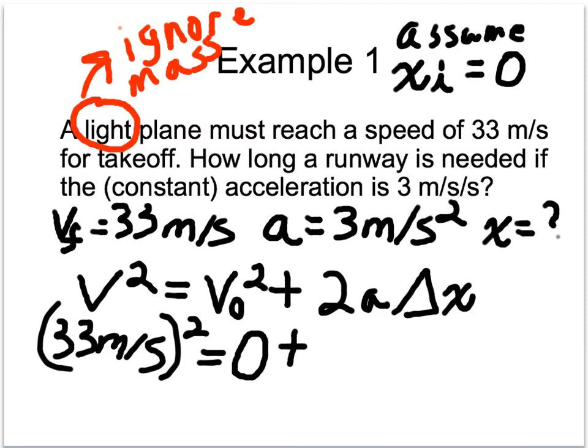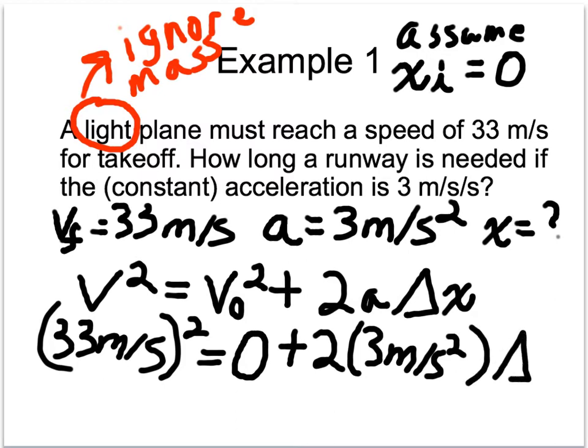All right, plus 2 times the acceleration, 3 meters per second squared, times our change in x. And since we set our initial x at 0, our change in x will also be our answer. So however far the plane has to go from 0 is how long our runway will be.